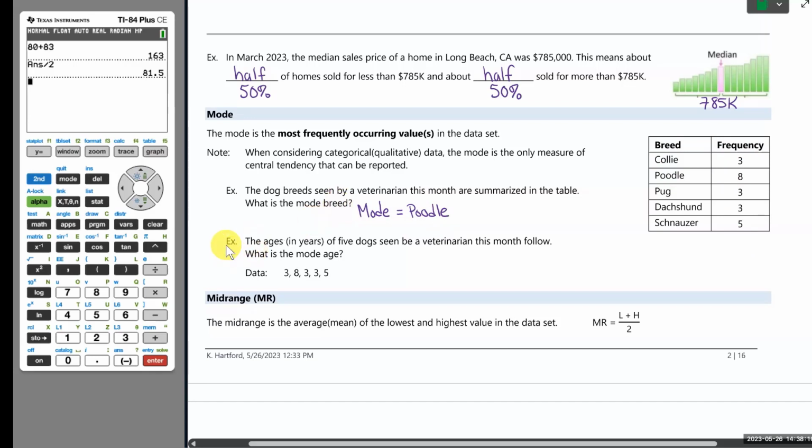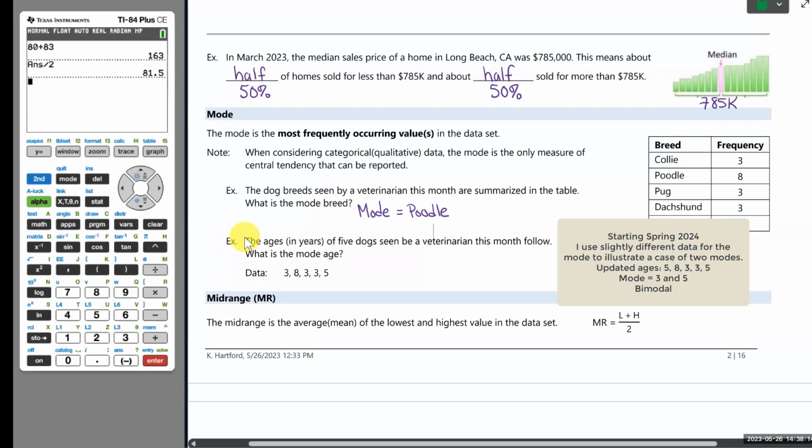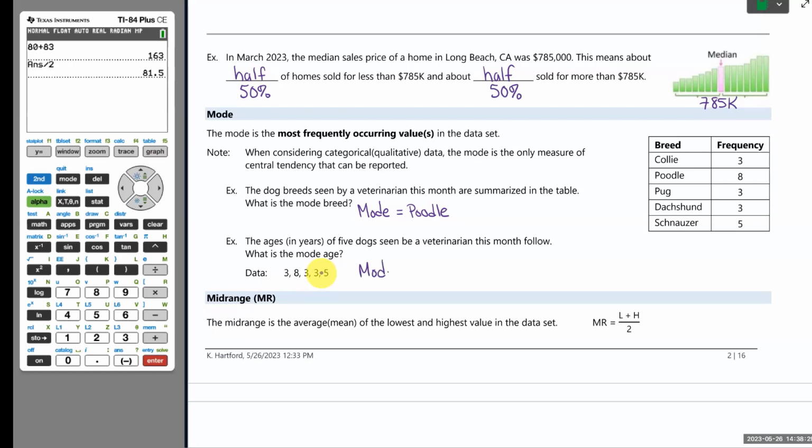So let me change that example. What if we said the ages in years of 5 dogs seen by a veterinarian this month follow? What is the mode age? Now if the data were ages of the dogs, I see that 3 occurs more than any other value. So the answer would be the mode age is 3.